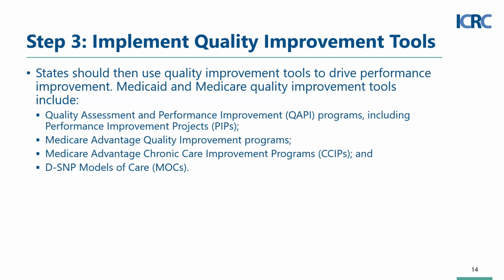In addition, states can use D-SNP models of care, also known as MOCs, to pursue their quality improvement goals. States can use their state Medicaid agency contracts, or SMACs, to require D-SNPs to include state-specific goals, measures, and projects in their quality improvement programs, chronic care improvement programs, and models of care.